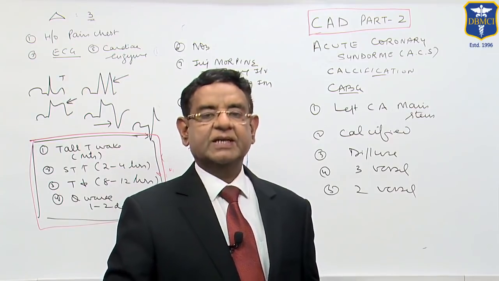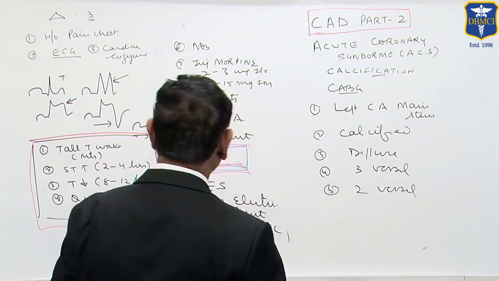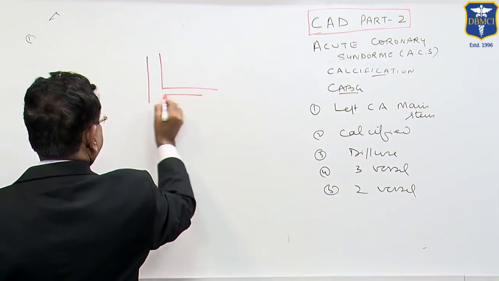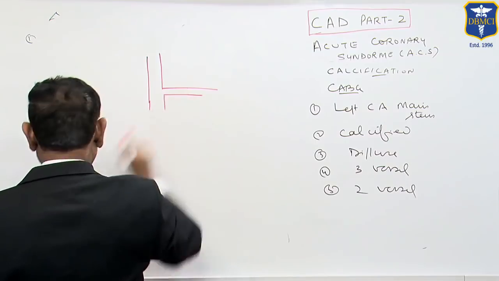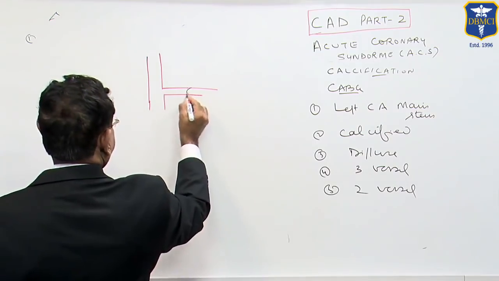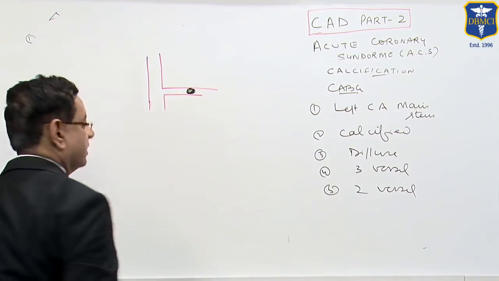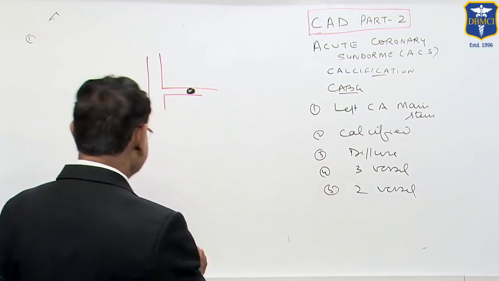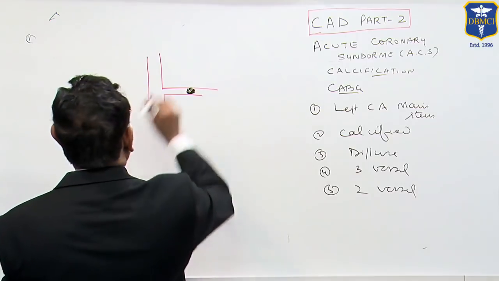How is it done? Let's learn the basic principle. This is the coronary artery and this artery is blocked here. Now what they do is take a graft and unite the graft like this.